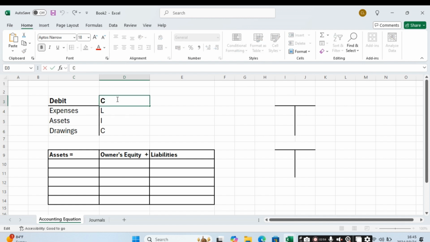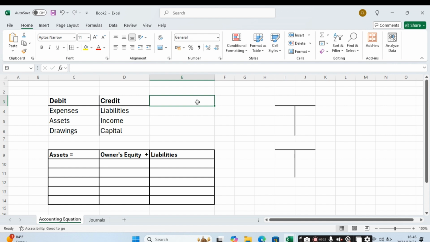Then we have the C. C stands for credit side. And then we have the L. L stands for liabilities. Then we have I. I stands for income. And then we also have the C, which stands for capital. So that's our DEADLiC.